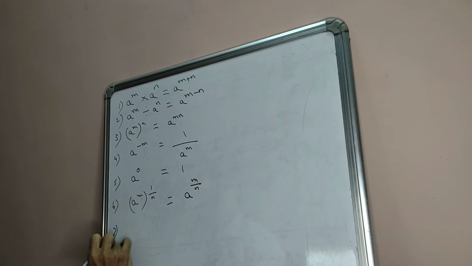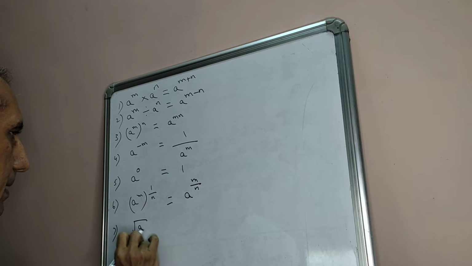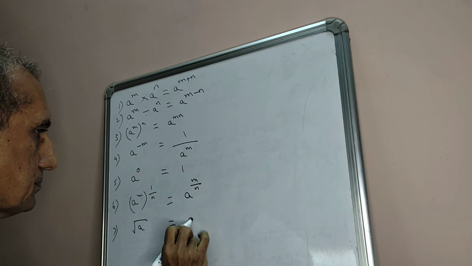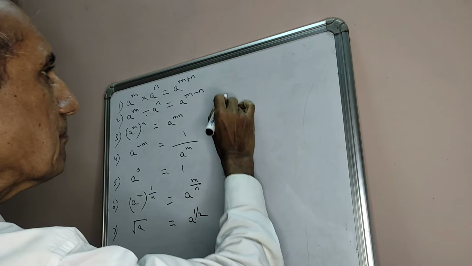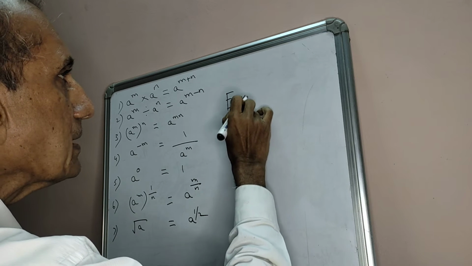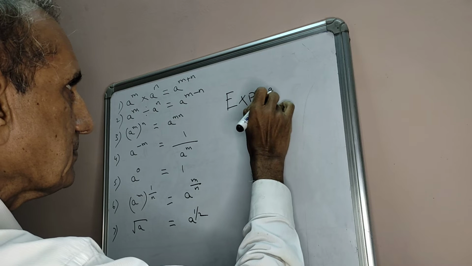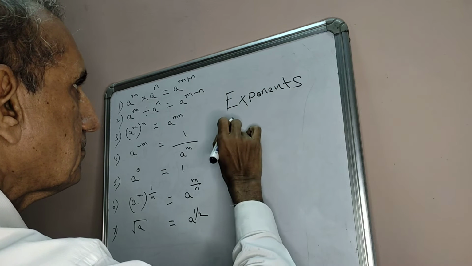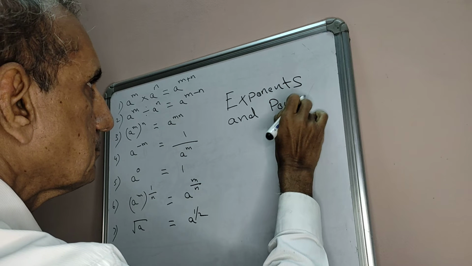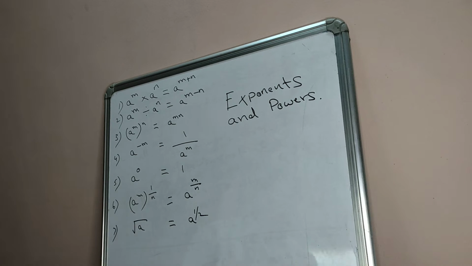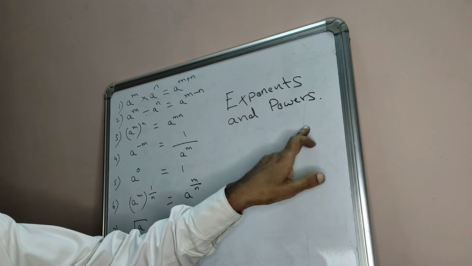And the seventh one would be a^(1/2). So these are the 7 laws which govern the chapter of exponents and powers.